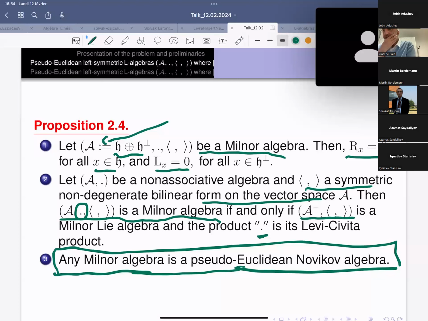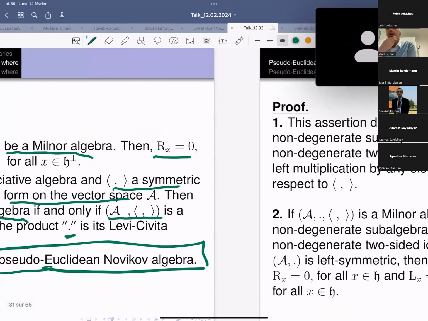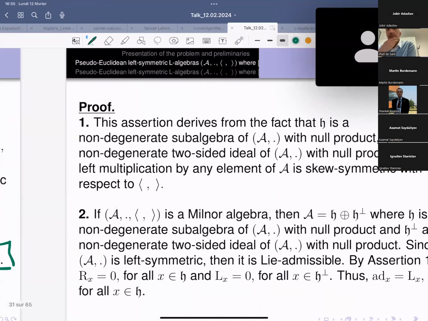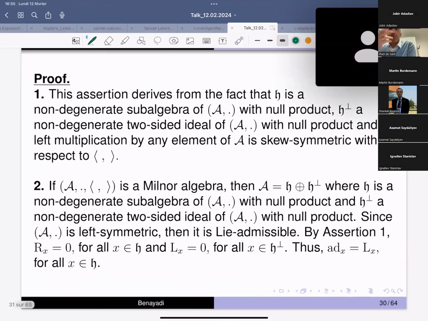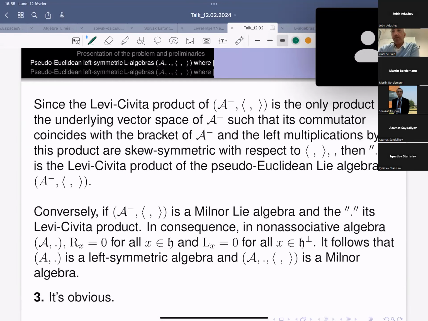Every minor algebra is a pseudo-Euclidean Novikov algebra. The proof is very easy, but this result is very interesting. It's not very difficult, just some easy arguments to prove this. Conversely, we have this one.